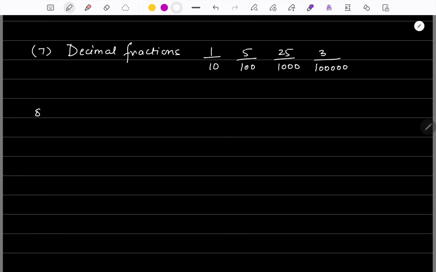Now the next kind of fraction here is vulgar fractions. The name is quite weird, but since it was mentioned in some of the books, I am taking it up here. If we have a set of fractions and we remove decimal fractions from it, the rest that are remaining are called vulgar fractions.